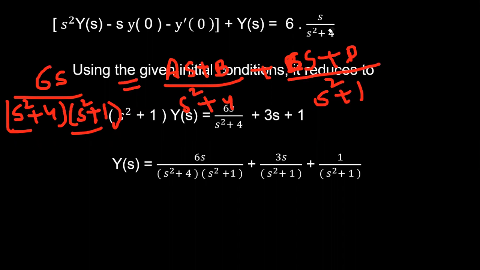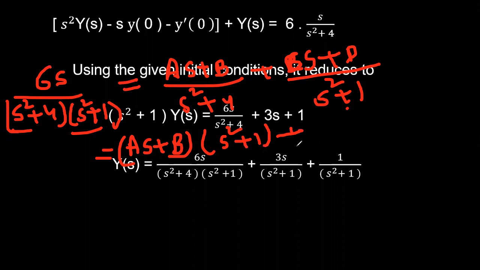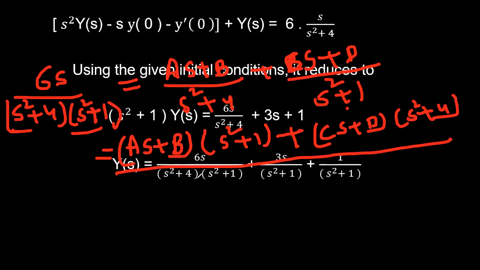So if you see carefully in this, now this has to be simplified in such a way that: A s plus B into s squared plus 1, where this term is multiplied with respect to this, and this term is multiplied with respect to this, plus Cs plus D into s squared plus 4, over s squared plus 4 into, after taking the LCM, s squared plus 1.